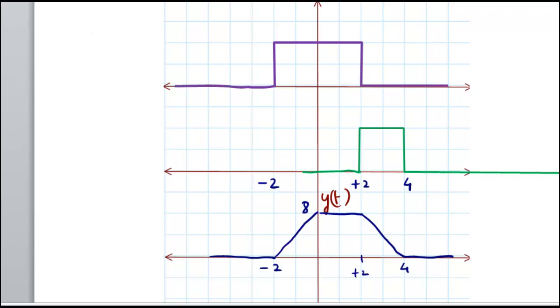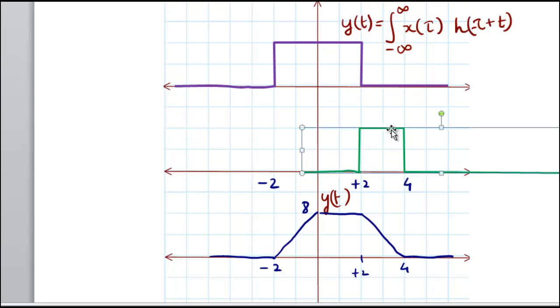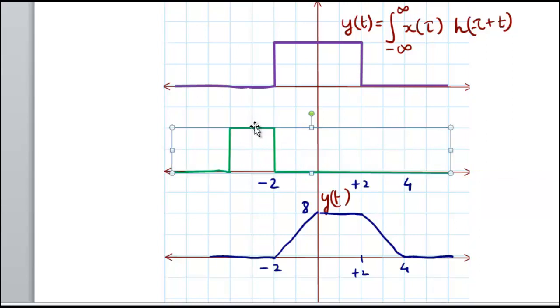You can check it. You should remember the equation is the integral from -∞ to ∞ of x of tau h of (-tau plus t). This is the equation for finding out y of t. So for different values of t, which is basically the shift, as the signal moves from here, slowly it moves inside.